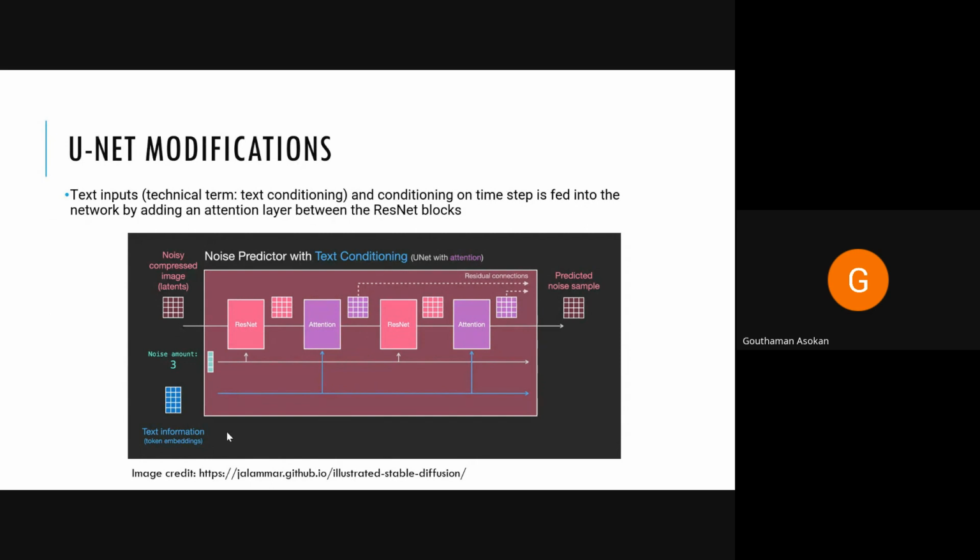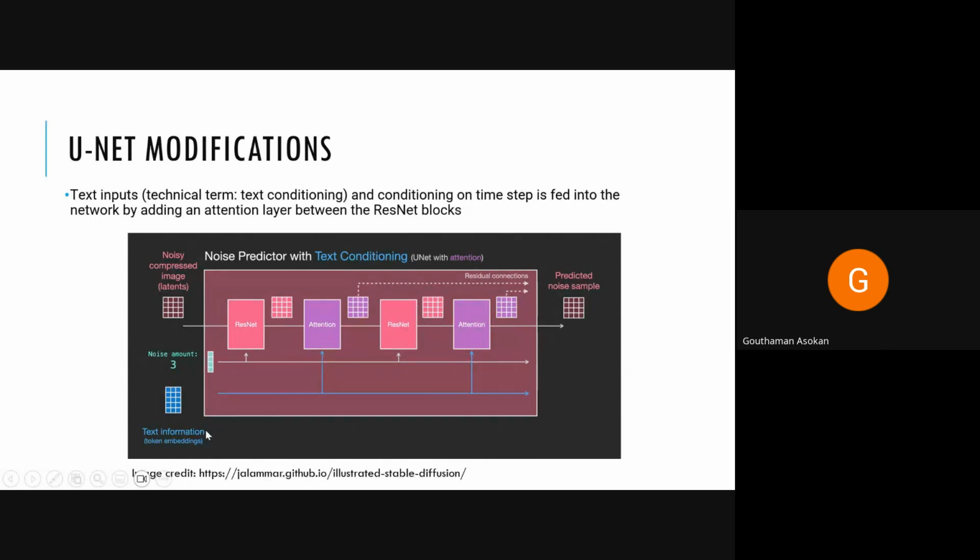How that is integrated into this architecture is that the text information goes to these different attention layers, and the noised image goes through the ResNet to the output path. From there, the attention layer works so that it understands which parts should be generated in which way according to the text information.